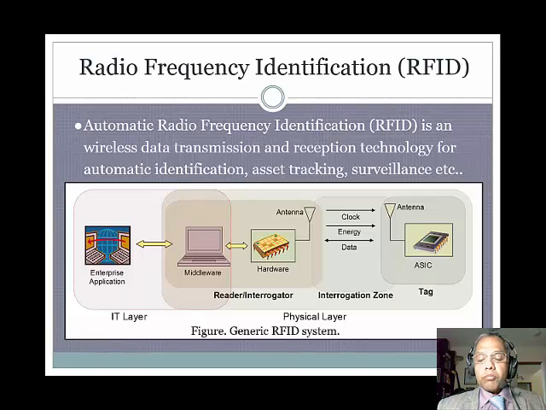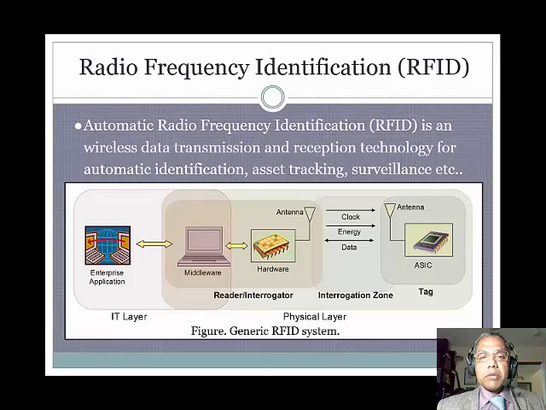The reader is comprised of an antenna and an RF transceiver. The middleware controls the transceiver electronics, processes the identification data, and interprets it with meaningful identification codes. Finally, it interfaces with the enterprise software or the World Wide Web.